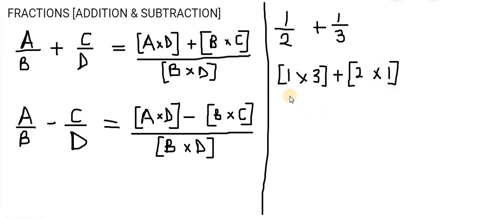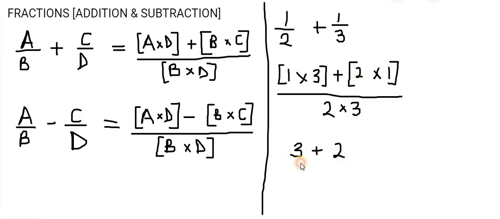Make sure you notice where I'm getting all the numbers from. And then finally 2 times 3 to go under. That leads to 1 times 3, that would be 3, plus 2 times 1, that would be 2, all over 2 times 3, that would be 6. Now we'll end up as 3 plus 2, 5, over 6.